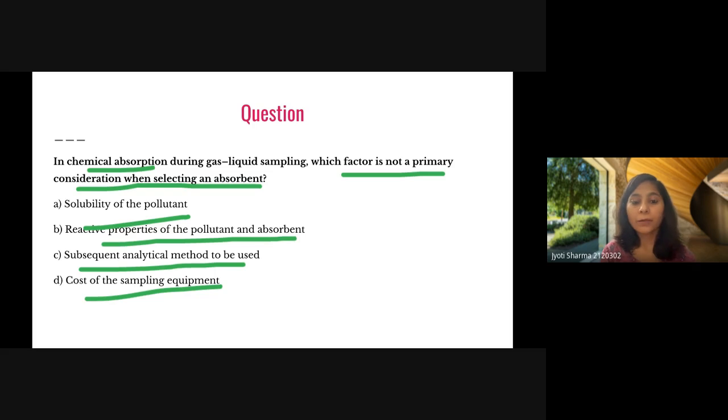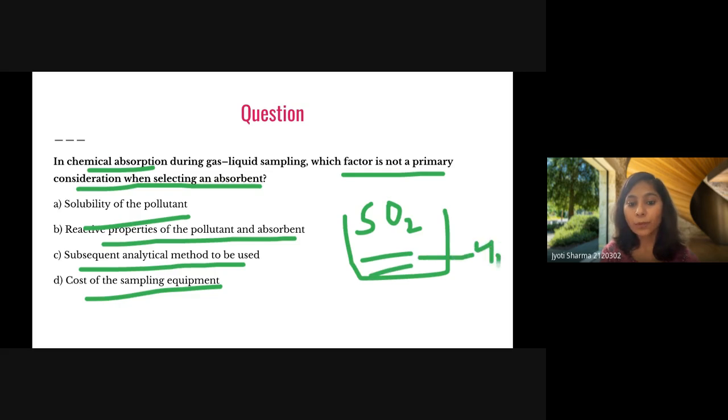So for example, if we do have SO2 in the air, we have some liquid and that liquid has H2O2, hydrogen peroxide. This SO2 can react with H2O2 and give you H2SO4, right? And this is how we can store SO2.